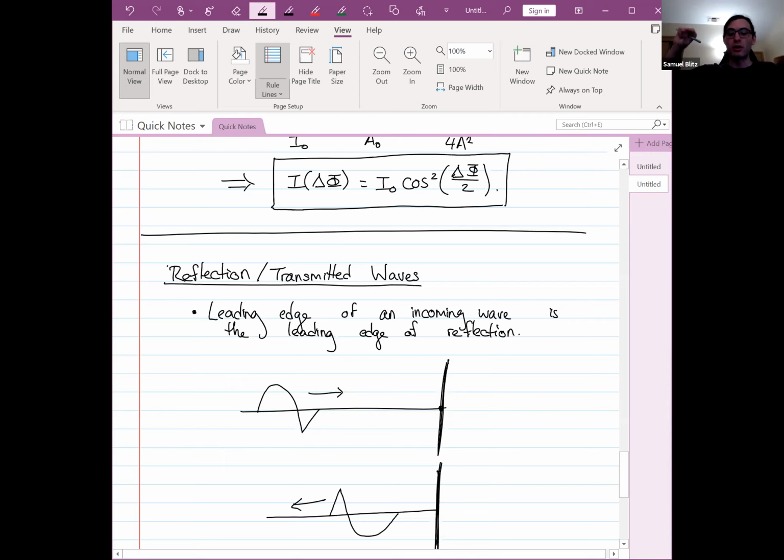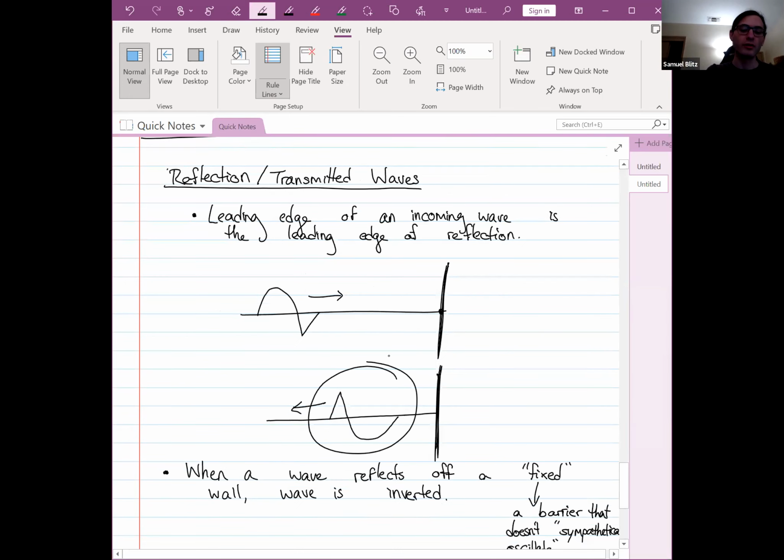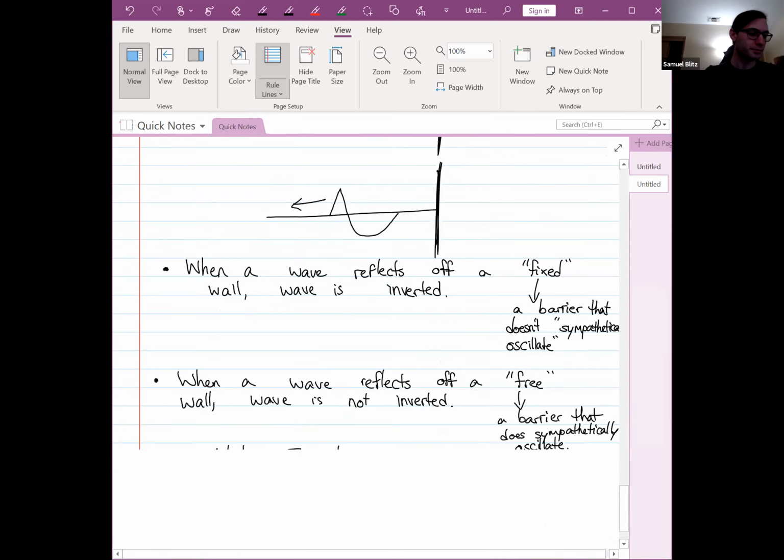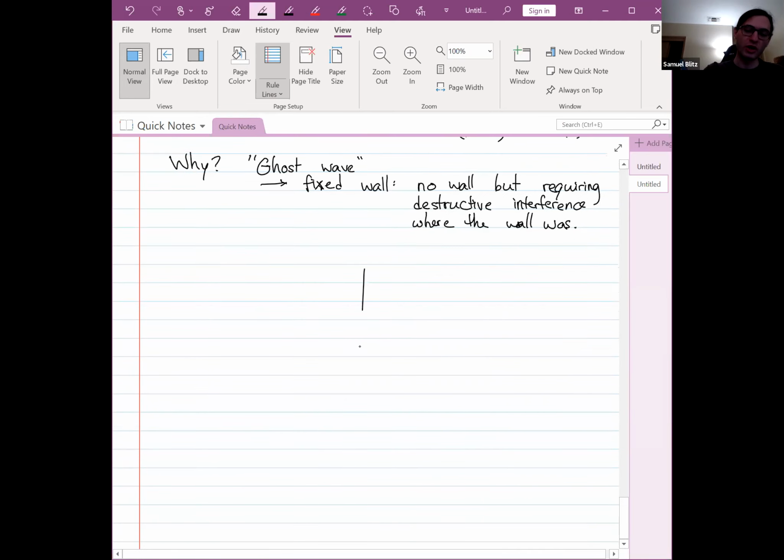It doesn't move up or down. And then they'll just pass through each other like normal waves do when they superpose. They interact for a brief moment, and then they just go about their way. And so you end up with an inverted wave because you're starting out with, let me draw a better picture here, a wave that has to cancel out. So you start off with, okay, let me draw this better.